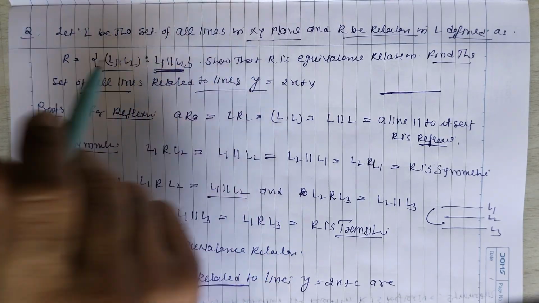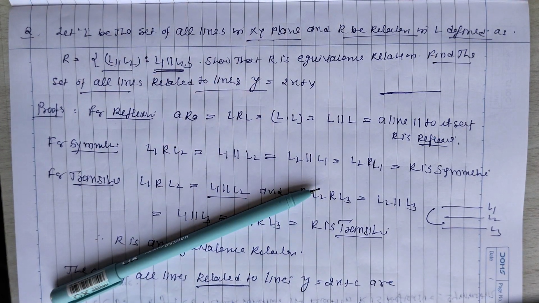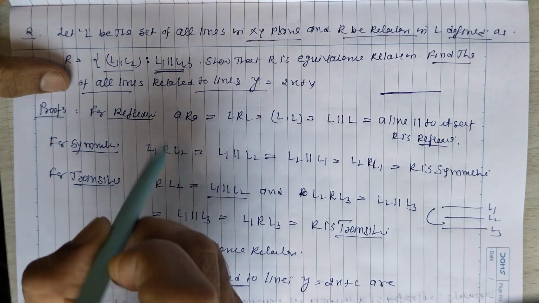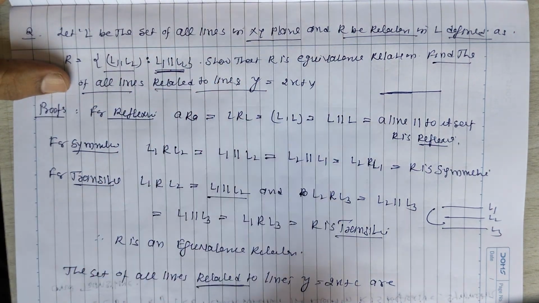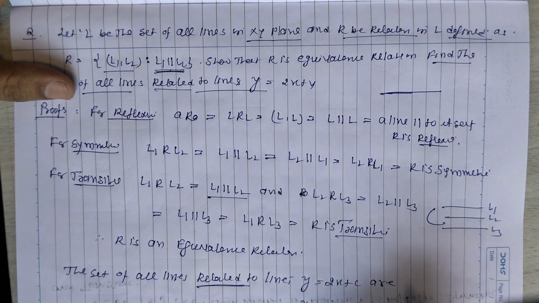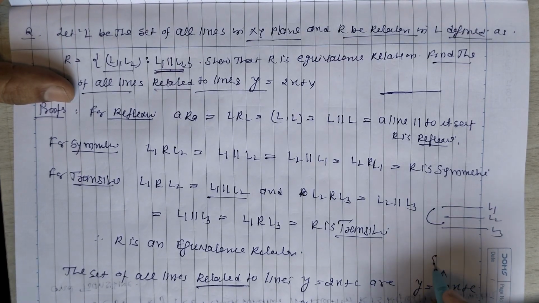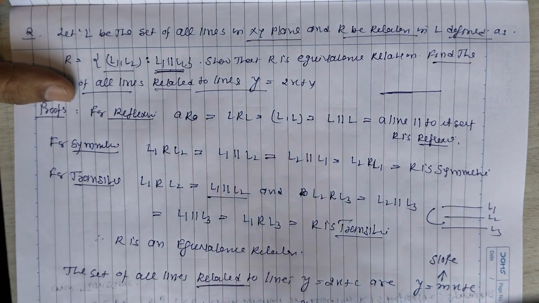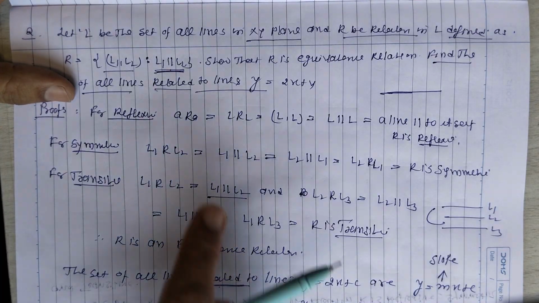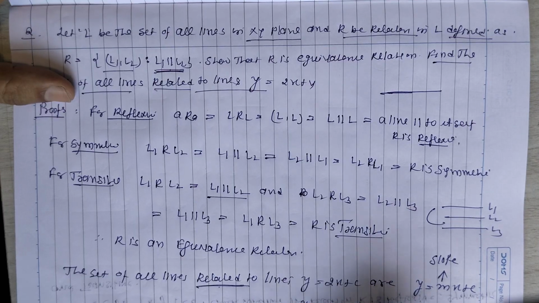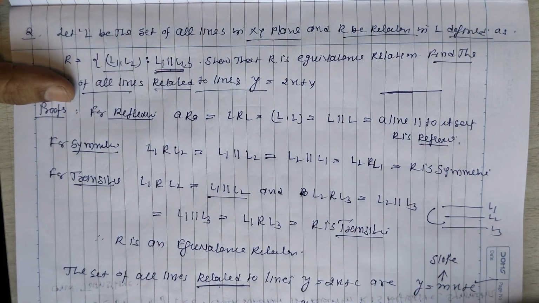The name of the relation in this question is parallel. So you have to write all lines related, meaning parallel to the given line. And if two lines are parallel, their slopes are equal. A line is always in the form y is equal to mx plus c, where m represents the slope. Therefore, any line which is related, meaning parallel to this line, has the same slope, so 2x, and c is any value, any intercept on the axis.